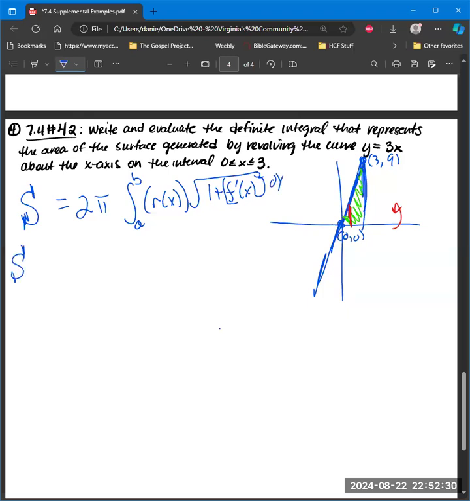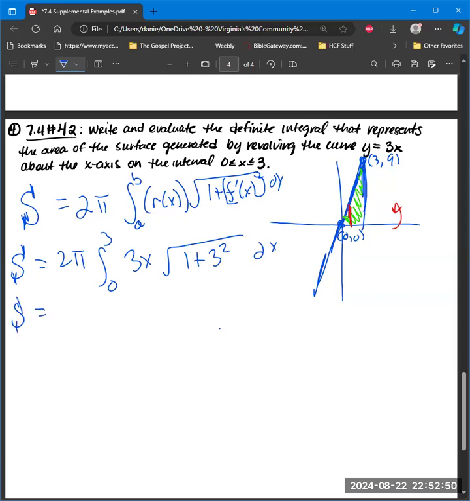So capital S is going to be 2 pi, 0 to 3, of this function here, which is 3x, square root of 1 plus, and the derivative there is 3 squared. So that's 10, 3 times 10.